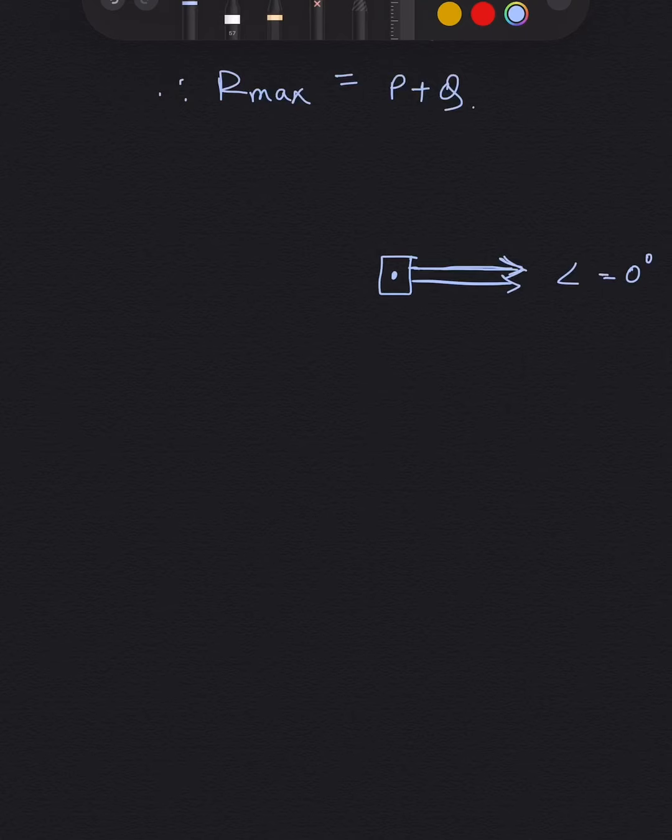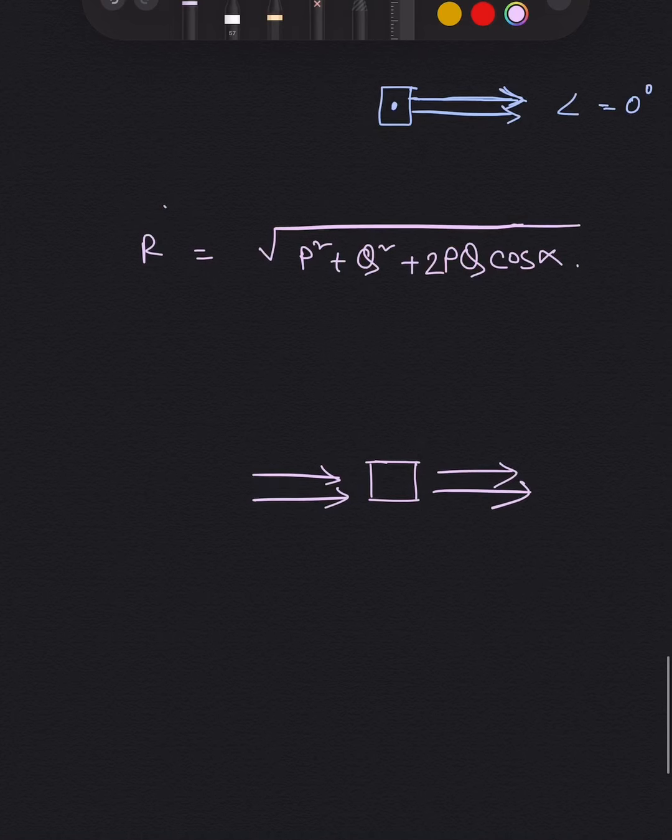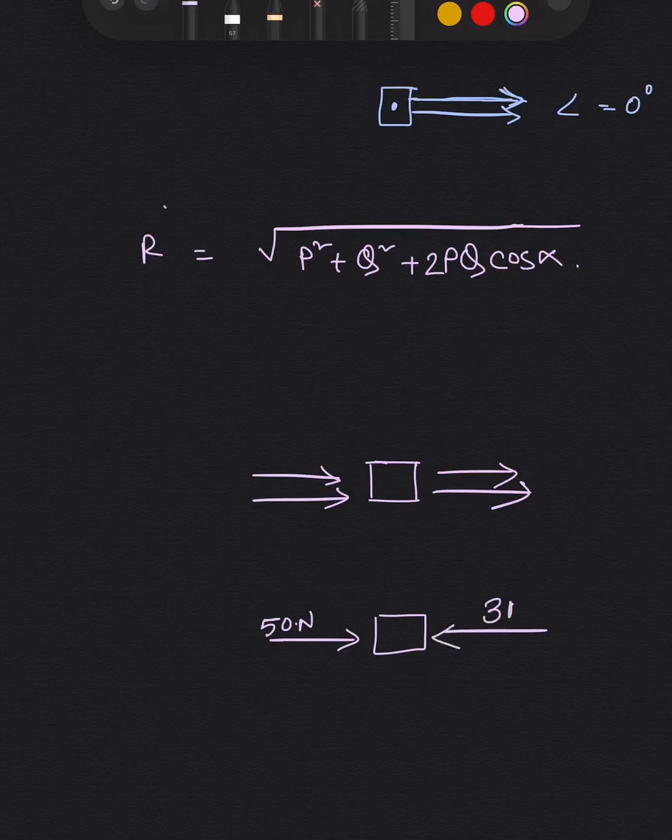Now in case of the minimum value of the resultant, we know R equals root over P square plus Q square plus 2PQ cos alpha. Let us take an example. Previously, in case of maximum resultant, you gave the force to the book in the same direction. But in order to find the minimum resultant, suppose you are giving a force of 50 Newton with your left hand towards this direction and 30 Newton force with your right hand towards this direction.